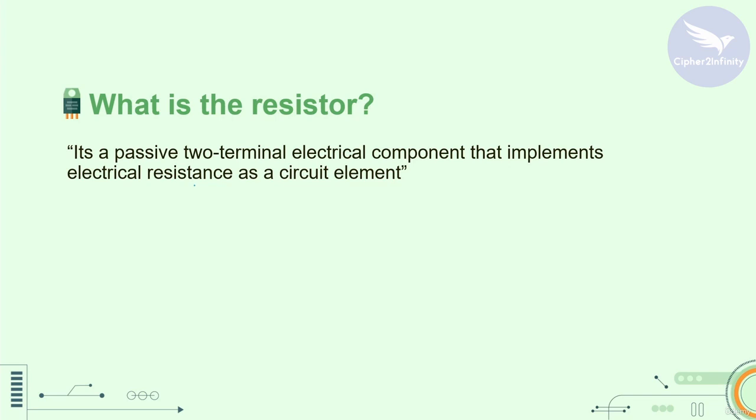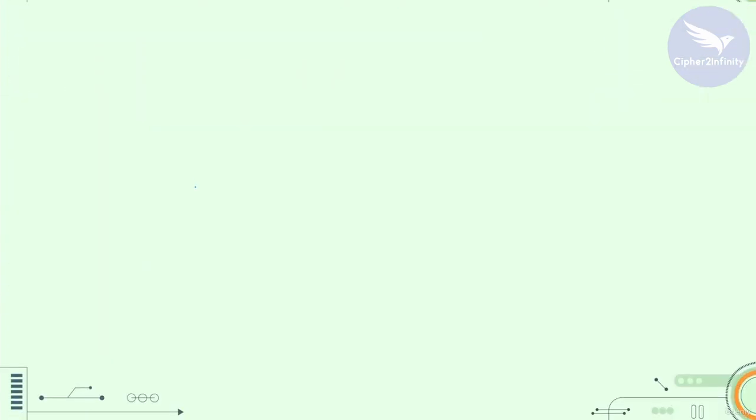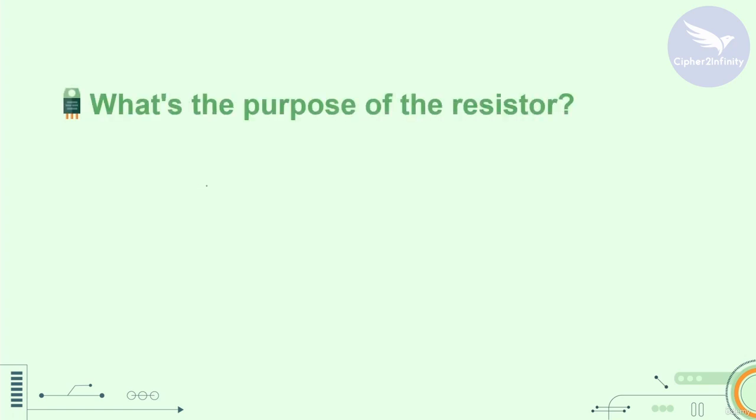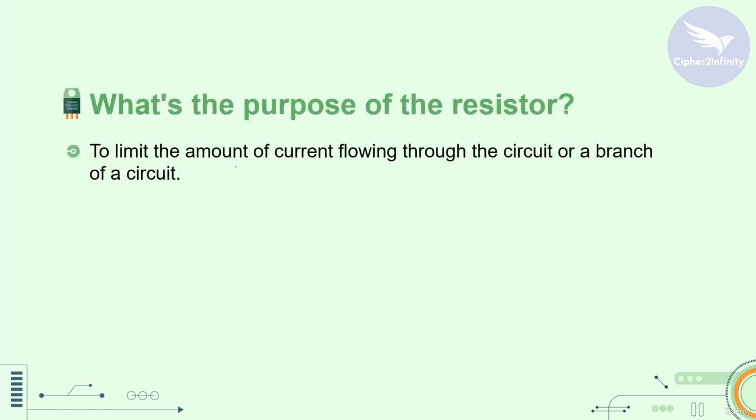Now let me explain the purpose or application of a resistor in an electrical circuit. The first purpose of a resistor is to limit the amount of current flowing through the circuit or a branch of the circuit.